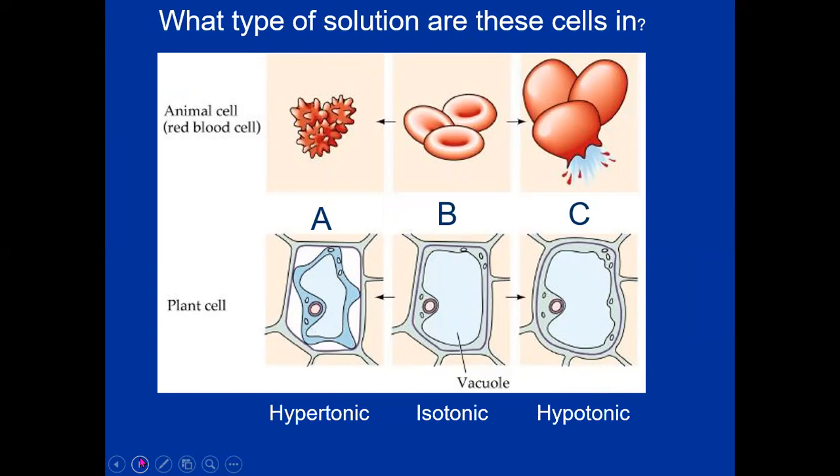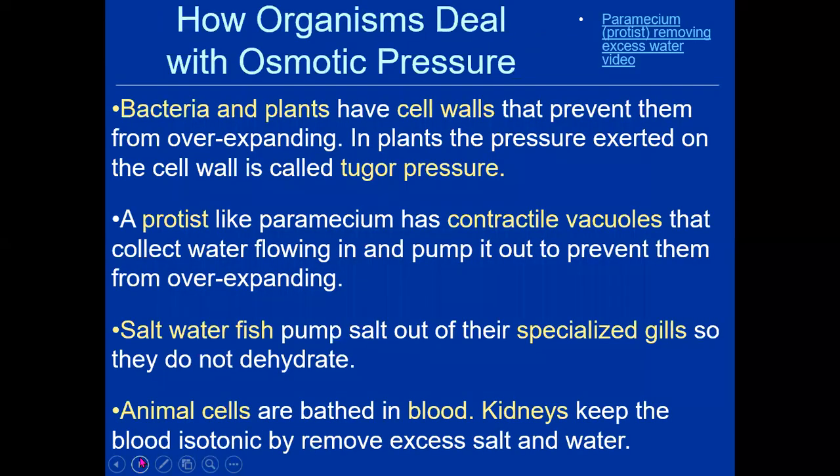In an isotonic solution, there is no change because the movement of water in and out is basically the same. And then in a solution that is hypotonic, the plant cell becomes turgid. Turgidity builds in, and then the animal cell lyses. It takes in a lot of water, and at the end of the day, bursts or lyses.